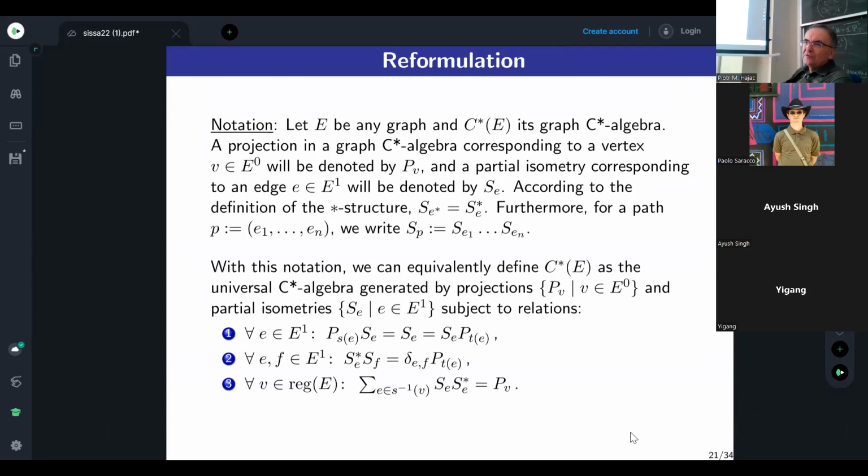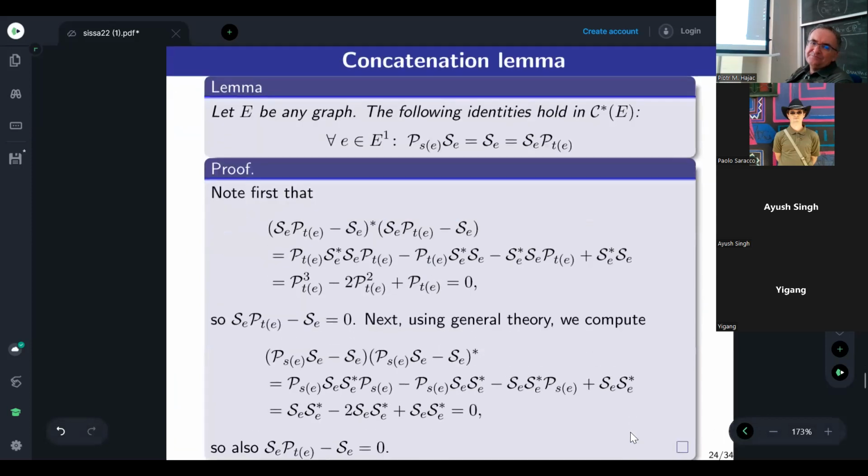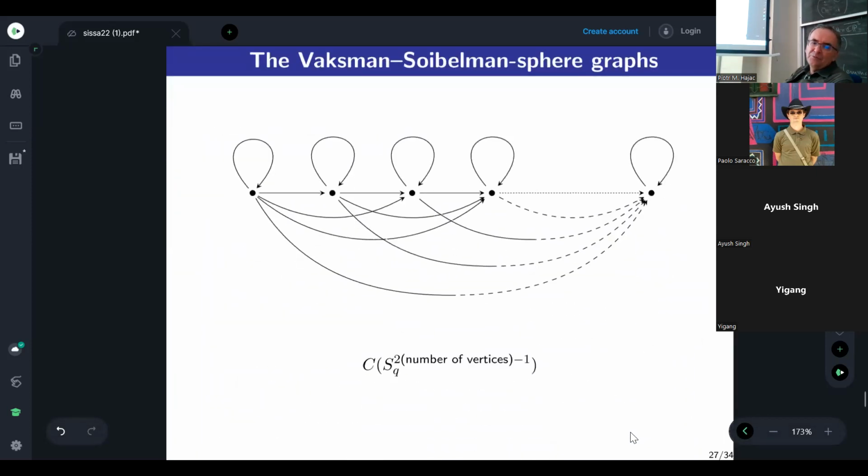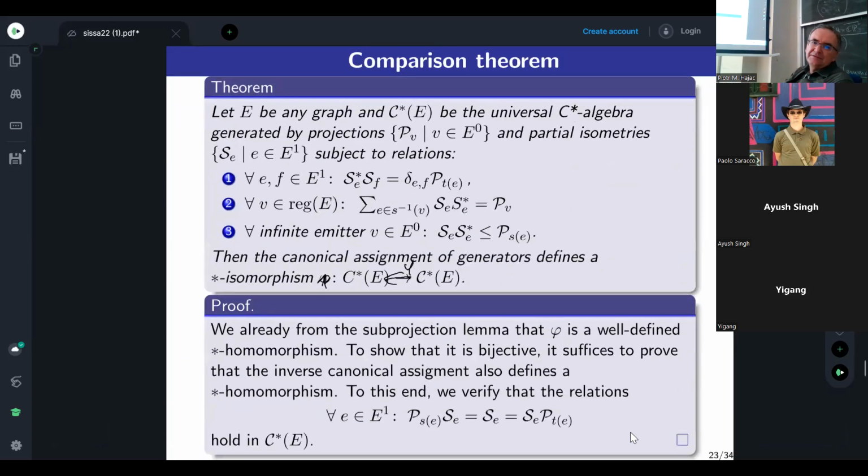So you must prove that it holds in the calligraphic C*-algebra to make sure that the inverse assignment defines a star homomorphism. That's the only thing we have to prove, and when we do it, we are done. The theorem is proven.